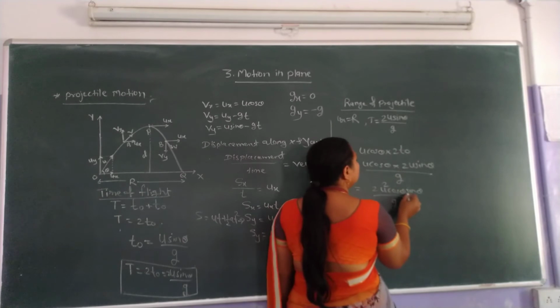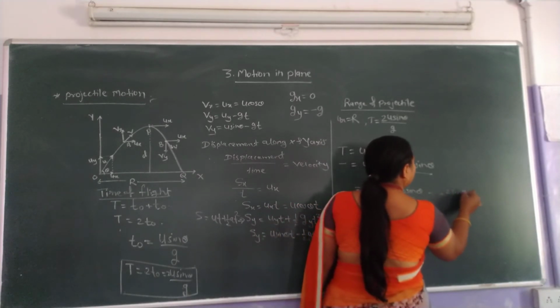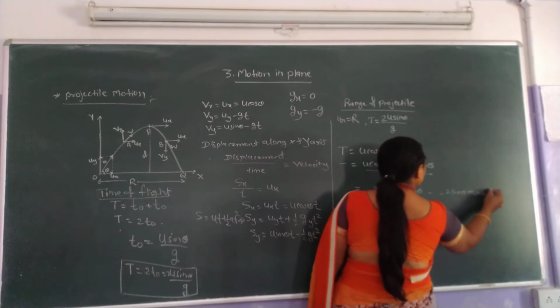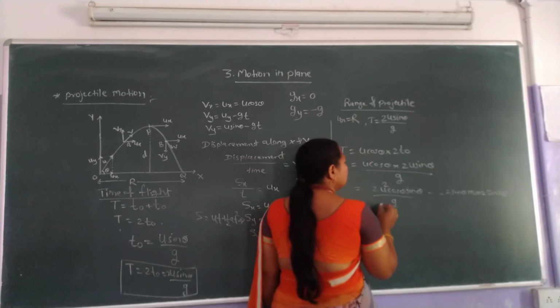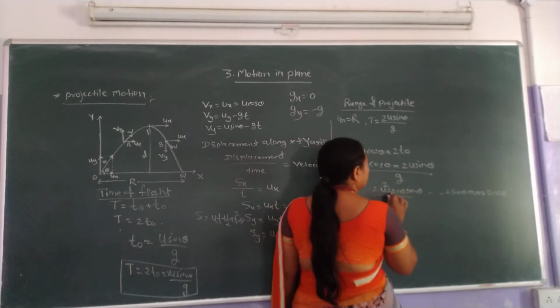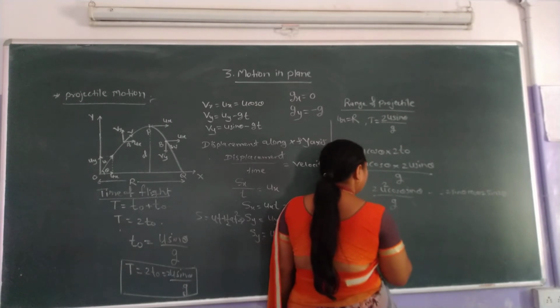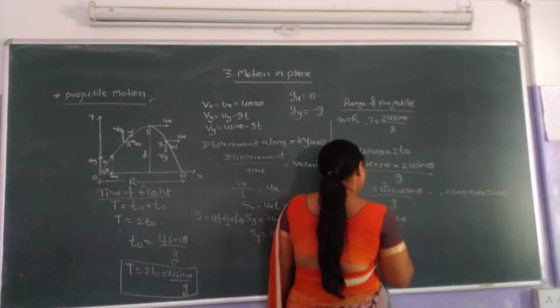But 2 sin theta cos theta is equal to sin 2 theta. Therefore, it is u square sin 2 theta upon g.